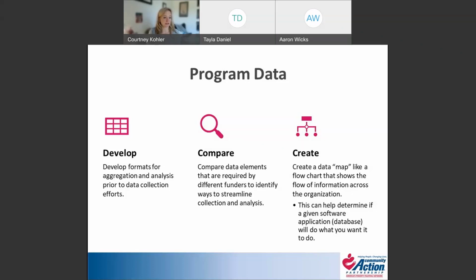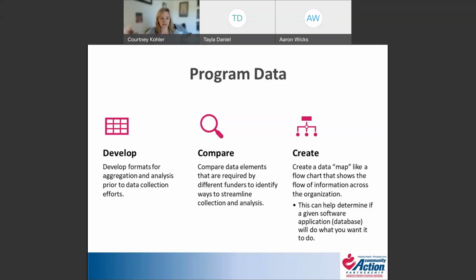We might want to develop formats for aggregation and analysis prior to data collection efforts so that the data can be easily managed once it comes in, and easily organized over time, so that later down the process we're not just looking at all of this data and wondering what to even do with it.